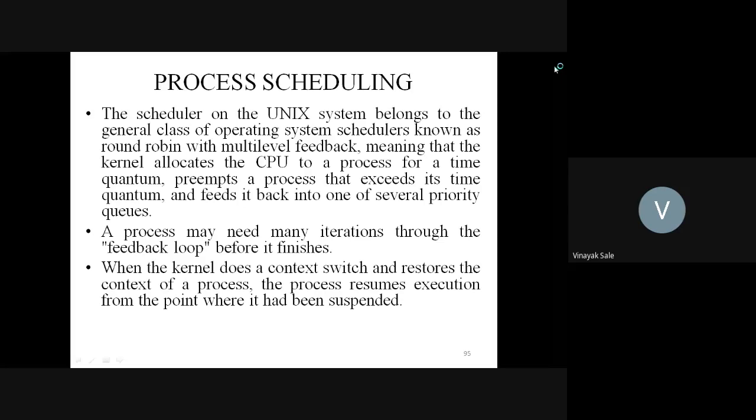A process may need many iterations through the feedback loop before it finishes. When the kernel does a context switch and restores the context of a process, the process resumes execution from the point where it had been suspended.